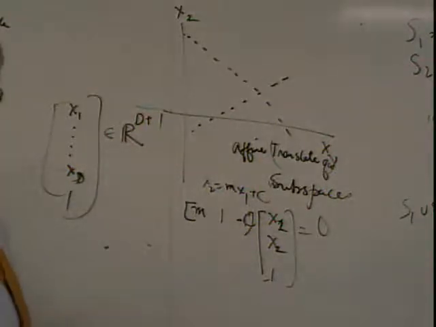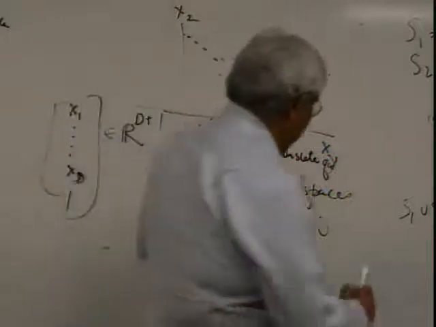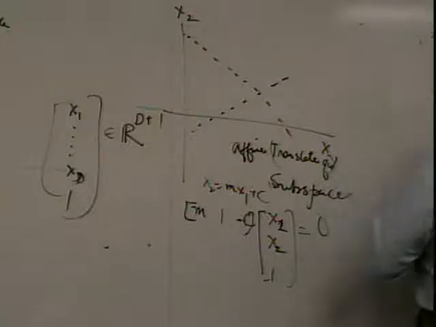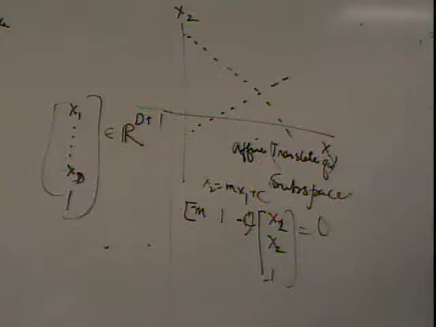The way to make sense of this graphically is to say that what you're trying to do, in effect, is to embed these affine subspaces in a space of 1 dimension higher.